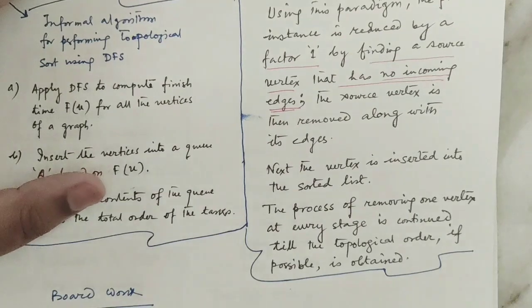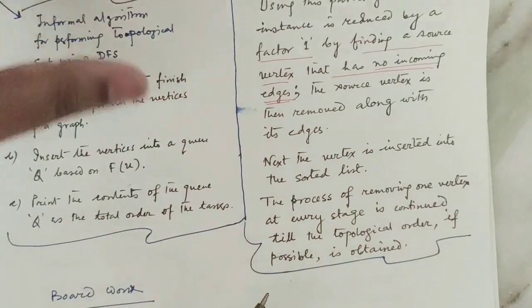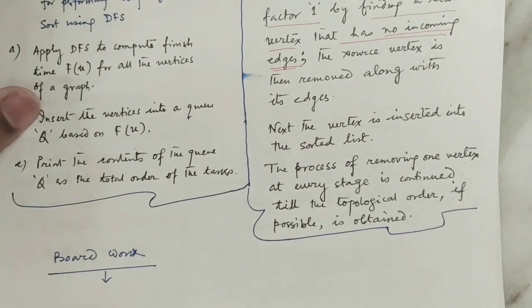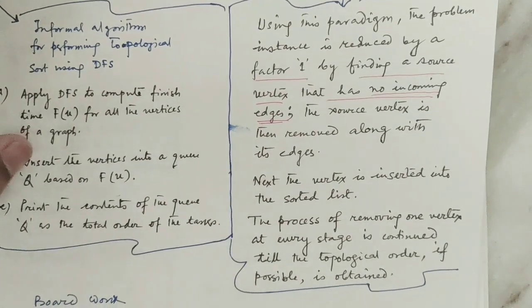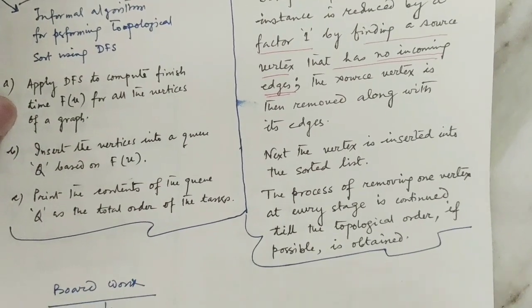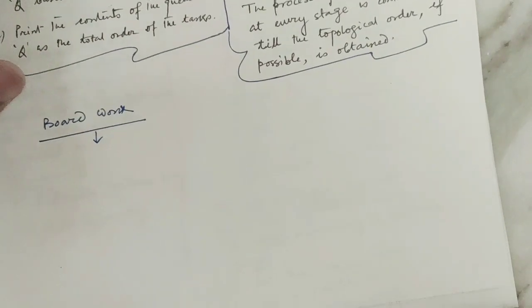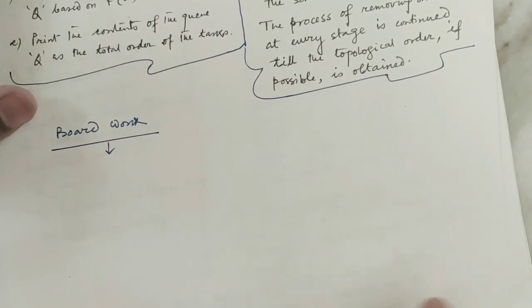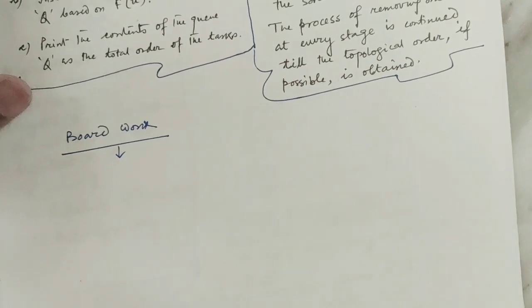So let us go for an example, and I will definitely come back to the steps which I have mentioned here for mapping with the example. Let me first take a graph for implementation of this strategy.